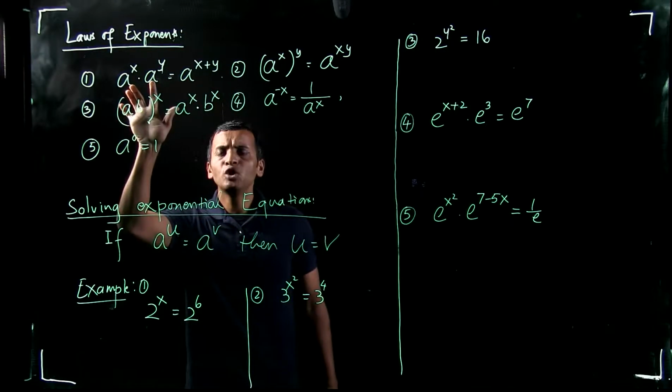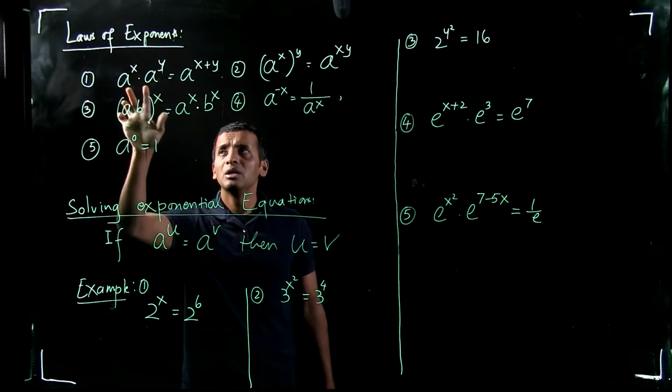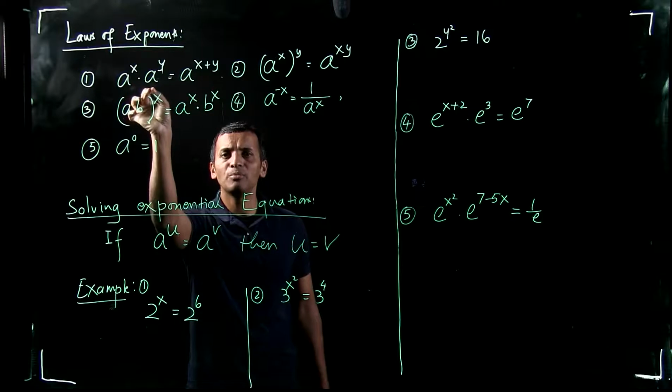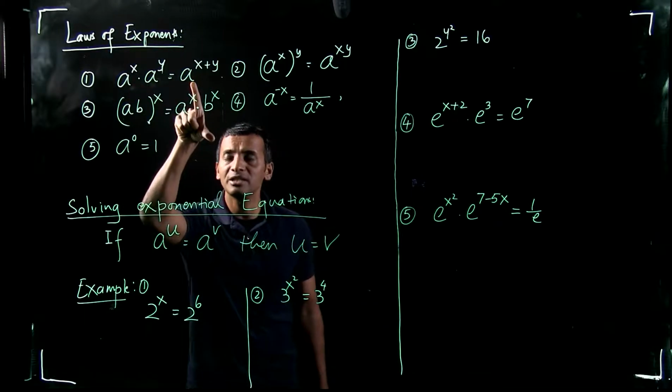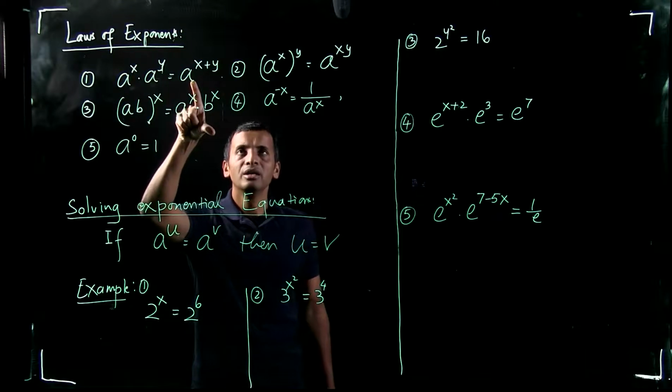If you multiply two numbers with the same base, the exponent may be anything, but if they have the same base, then you can combine them by writing a single base and adding the exponents.